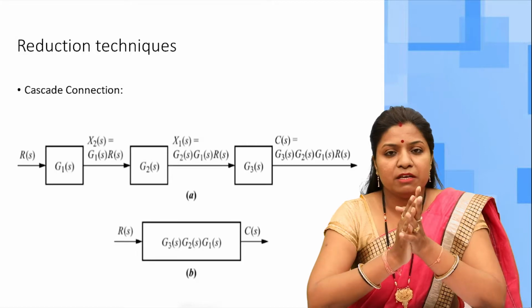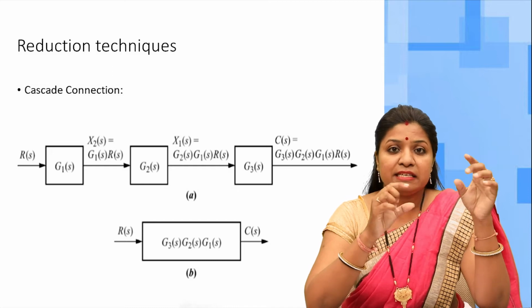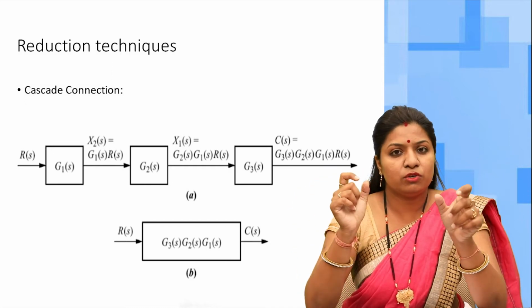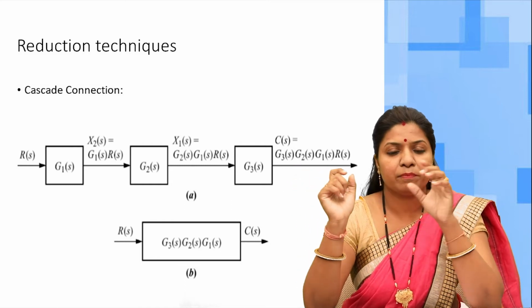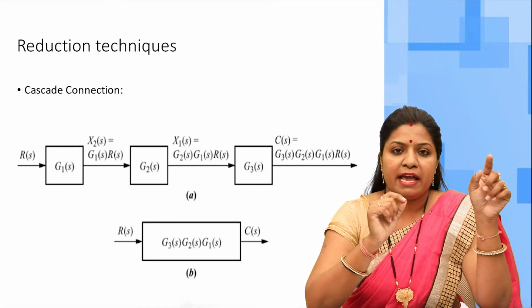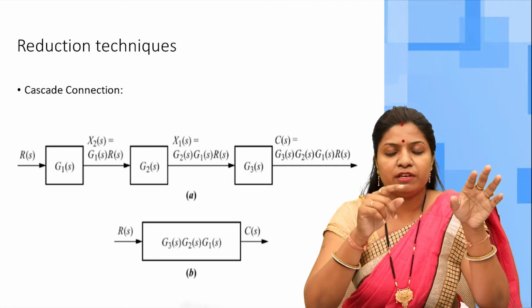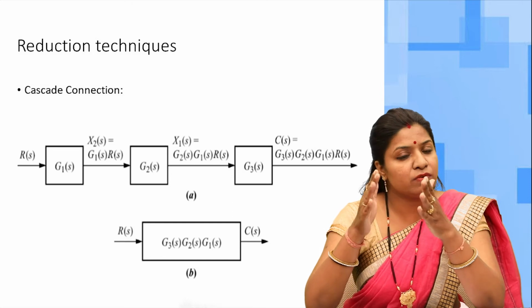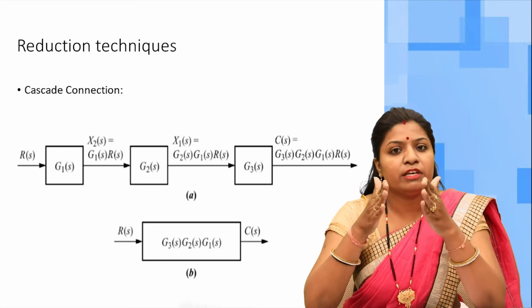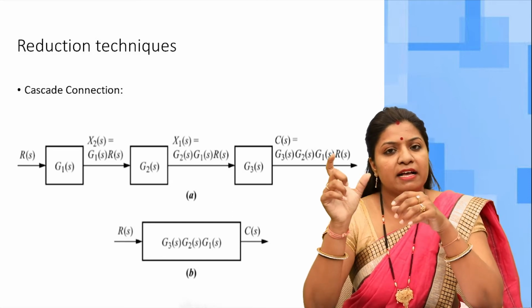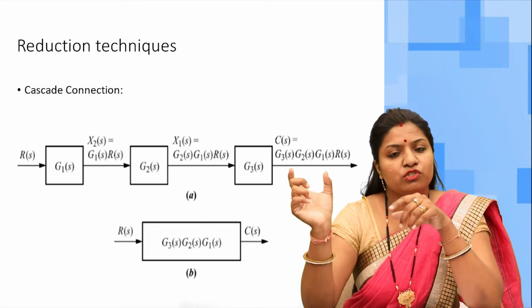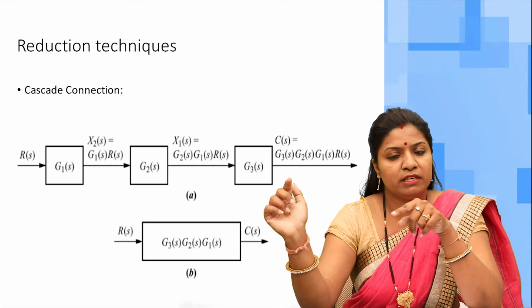If we have three blocks in series, suppose G1, G2 and G3: G1 with output X2 equals G1 into R(s), then G2 with output X1 equals G2 into G1 into R(s), and lastly G3 with the final output C(s) equals G1 into G2 into G3 into R(s).